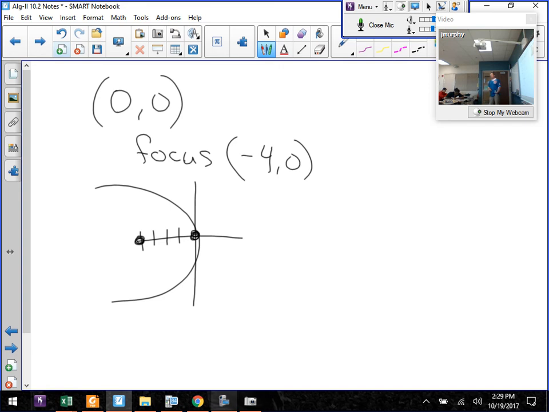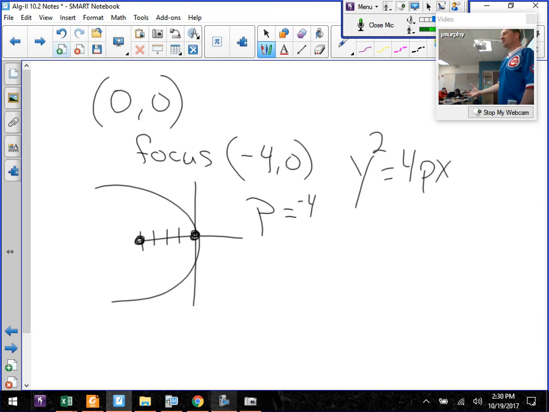Y squared. If it's opening to the left, is my p-value positive or negative? What's my p-value? -4. So I have a y squared parabola with a p-value equal to -4, which gives me an equation of... perfect.